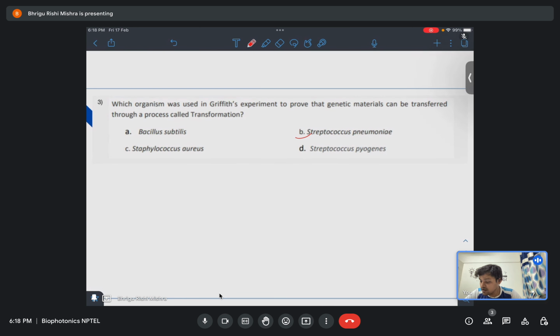So Griffith's experiment suggests that bacteria are capable of transferring genetic information through a process known as transformation. What sir told in the video is the basis of DNA and RNA, how they carry information from one cell to another.